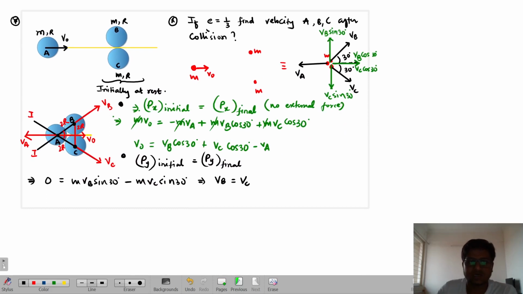And last, we are aware of the coefficient of restitution. So e means velocity of separation over velocity of approach. The question arises, what are you going to write as velocity of separation?